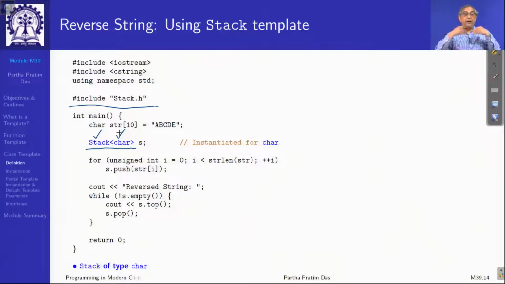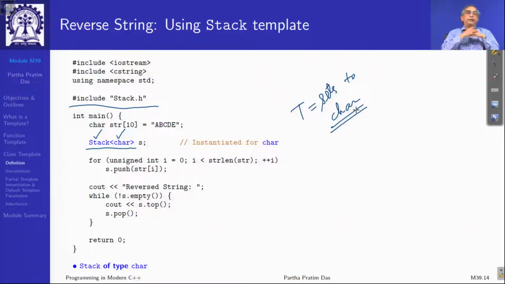What the compiler does is it takes that header file code, generates a code which replaces T by char, and then compiles it. Since it just had the template and it is generating the code, this is called generative programming.